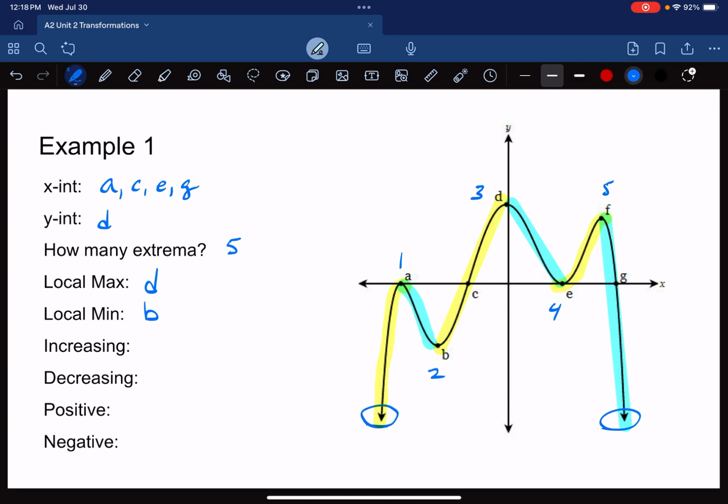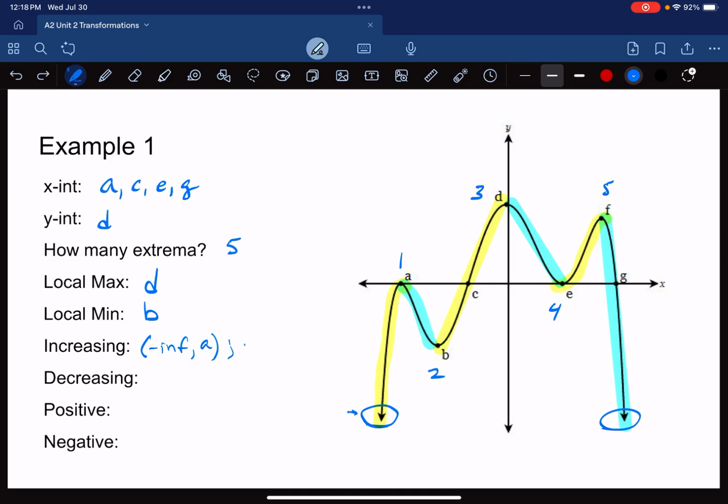Let's write increasing in blue. So I'm starting at negative infinity, right over here at this arrow. I'm going from negative infinity to A, and I'm increasing. And then again, it's neither increasing nor decreasing at the turn itself. So right there at point B, it's really not increasing or decreasing.